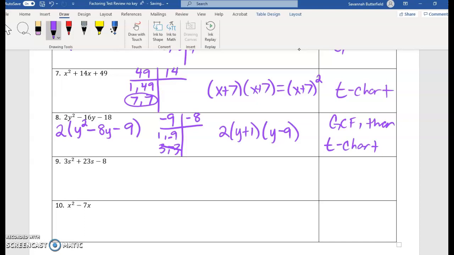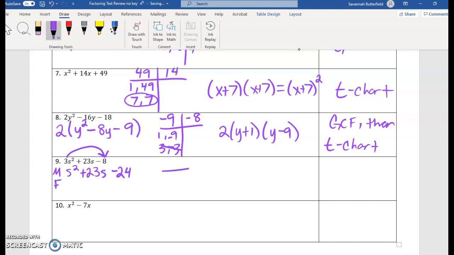Looking at number 9, I have 3s squared plus 23s minus 8. 3, 23, and negative 8 do not have a greatest common factor. So I'm just going to jump into my trinomial methods. So my a value is not equal to 1, so I'm going to multiply it over. So MFDRR. So this is going to become s squared plus 23s minus 8 times 3 is 24.